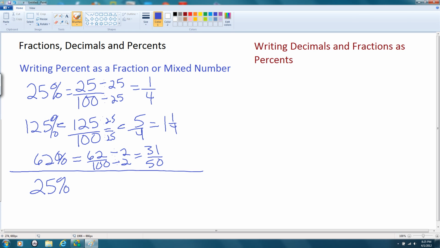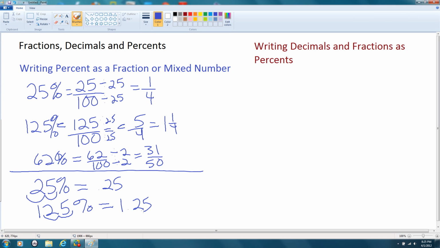All I need to do is, the decimal is there with the percent, I move it over twice, and 25% is equal to 0.25. With 125%, all I'm going to do is move it over 1, 2, and so 125% is equal to 1.25. So that should be very easy.